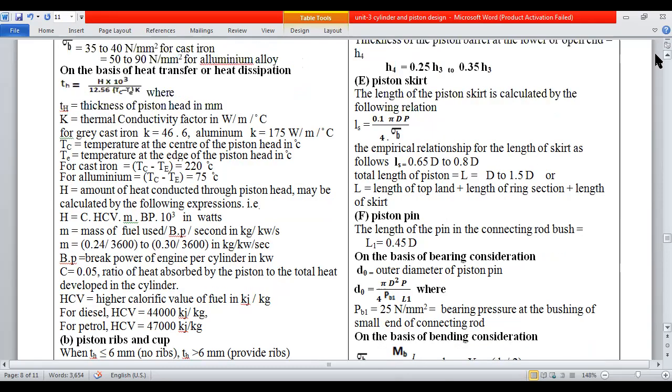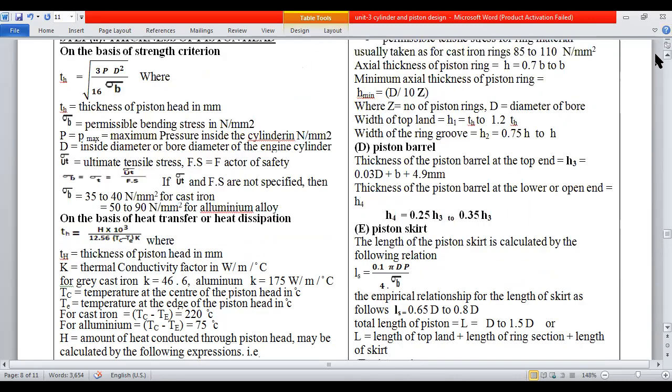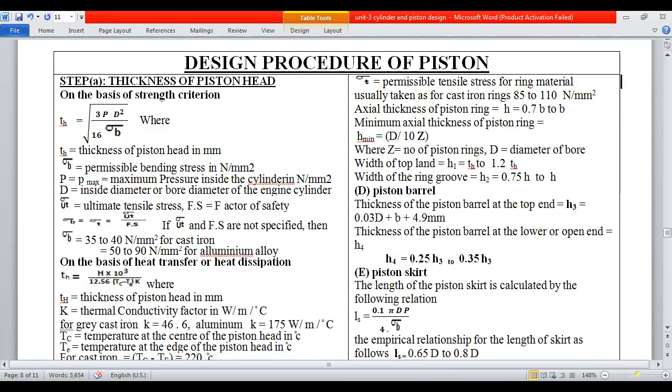In third step, you have to design the size of piston rings and number of piston rings.